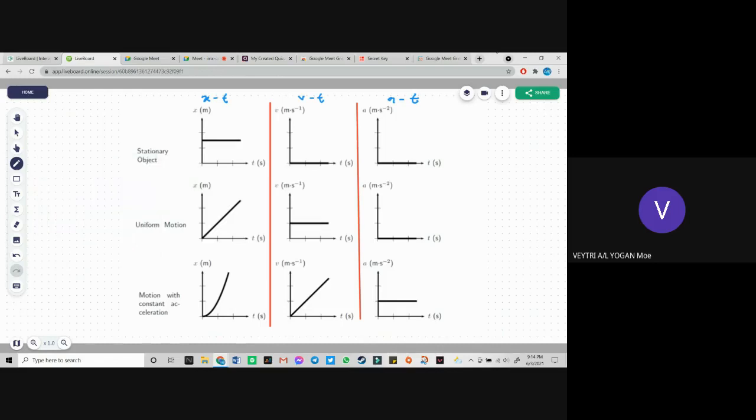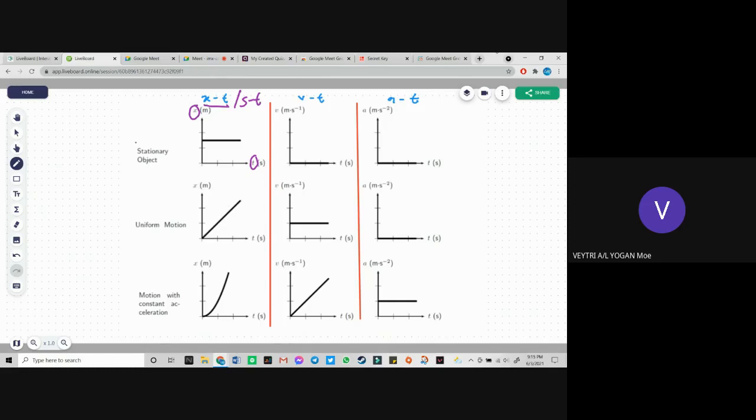Okay, let's go one by one. X-t can also be S-t, displacement over time graph. V-t, velocity over time graph. A-t, acceleration over time graph.